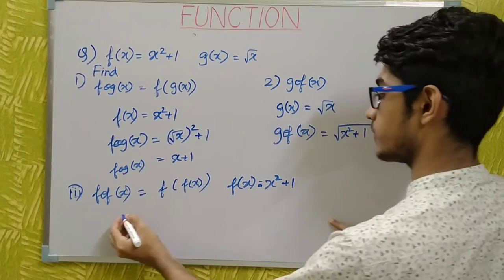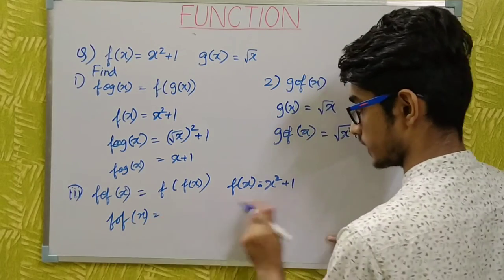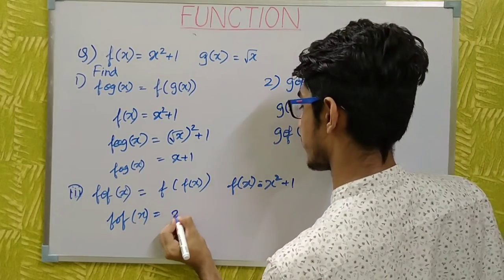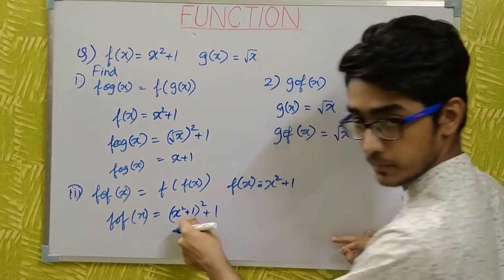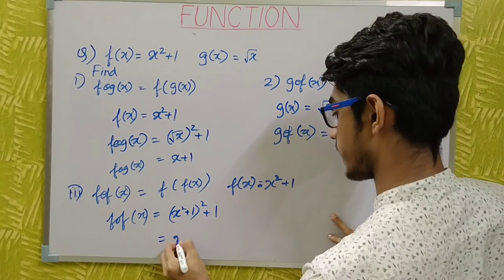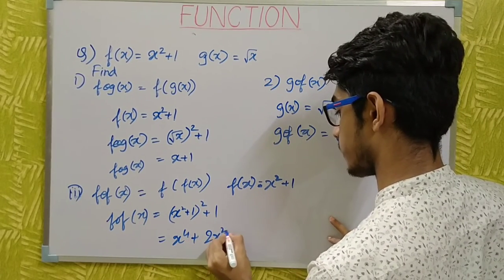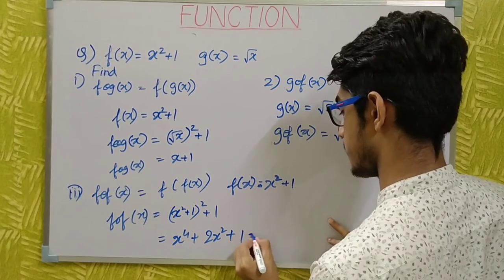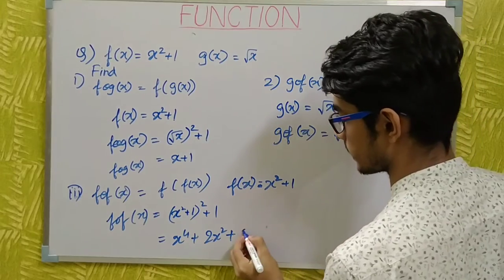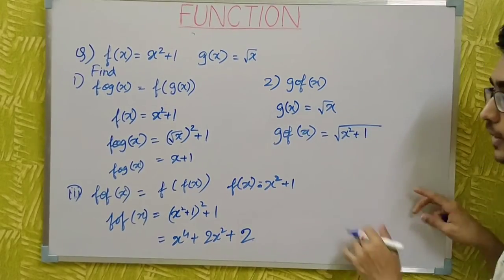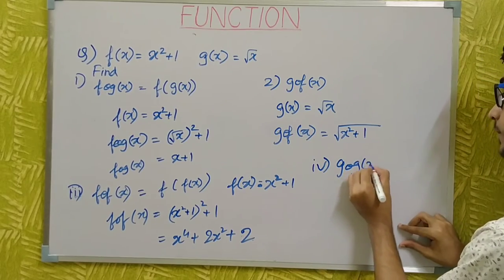Then what will be fof x? In the place of x we will again put x square plus 1. So it is (x square plus 1) whole square plus 1. By expanding it, we can write x to the power 4 plus 2x square plus 1 plus 1, which means x to the power 4 plus 2x square plus 2.